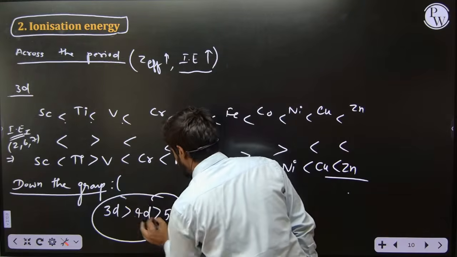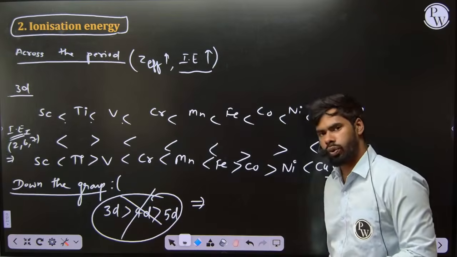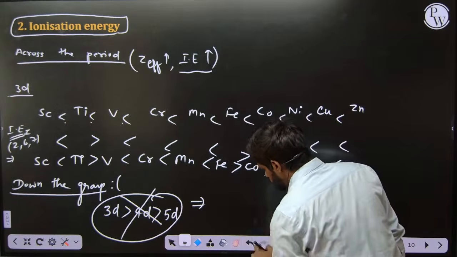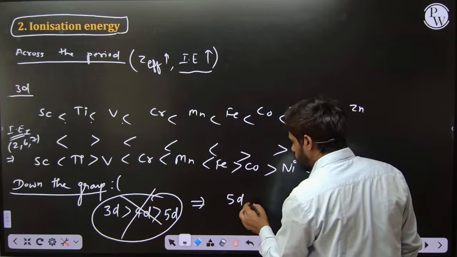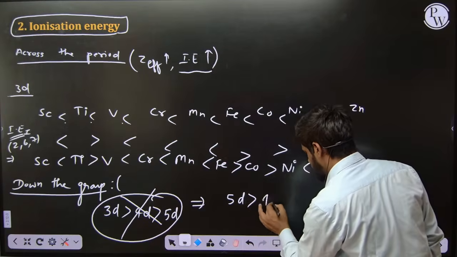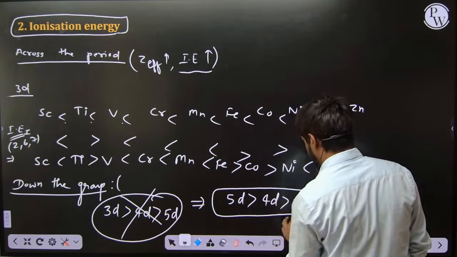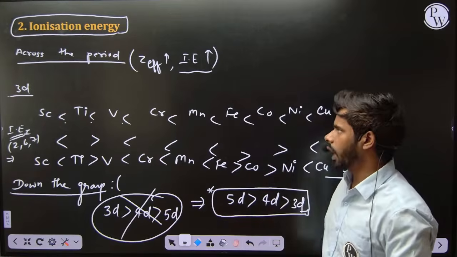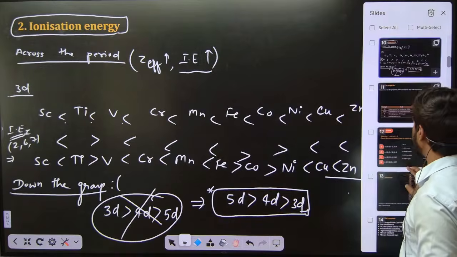But this order is not followed, as there is an exception. We can say it is due to the lanthanide contraction, so the order will be 5D more than 4D, then 3D. Okay, this is the order we can follow. So that is the ionization energy of 3D elements and down the group.